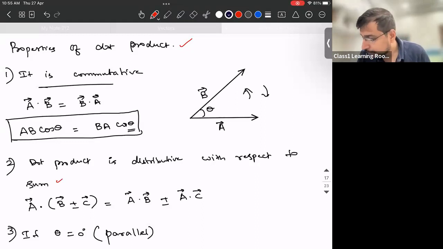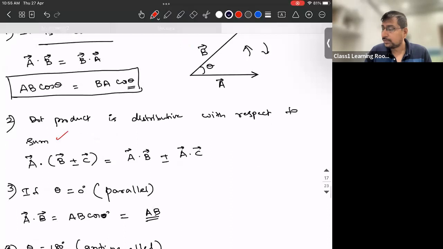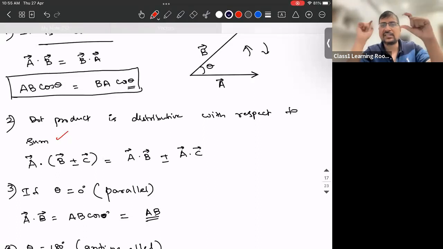Second, dot product is distributive with respect to its sum, meaning A vector dot B vector plus C vector is the same as A dot B plus A dot C. The same is applicable even for minus, because A is getting distributed to both the terms within the bracket. So it's called the distributive law.